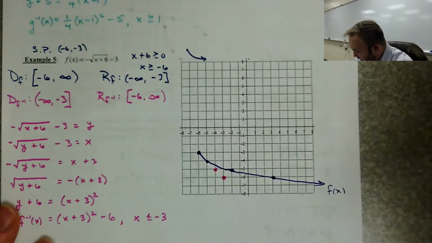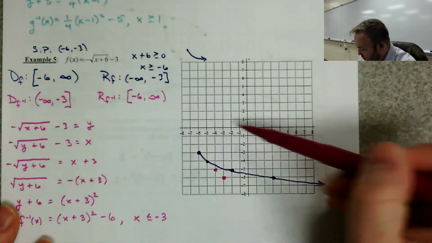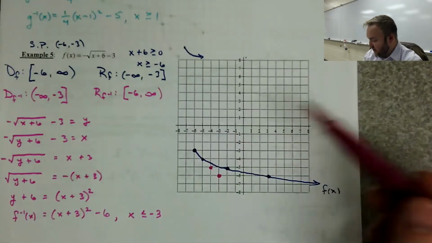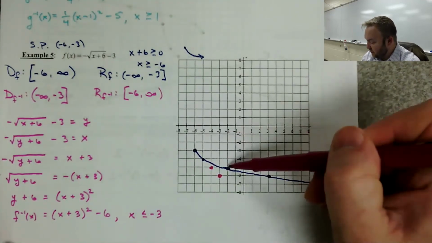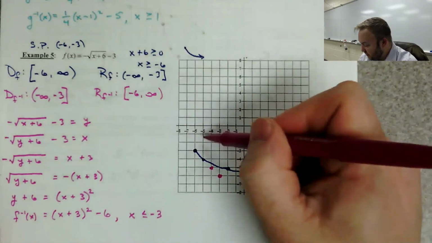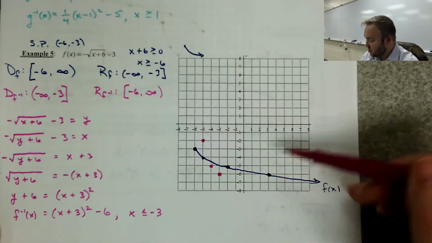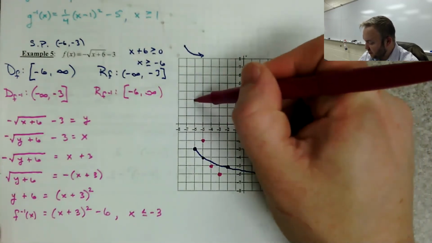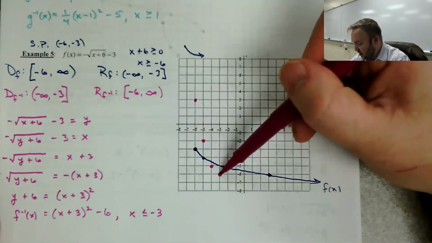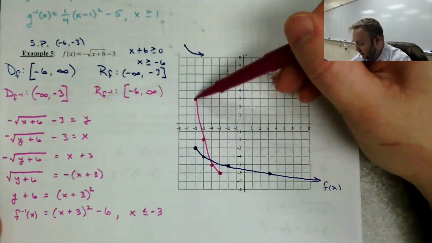Oh, no, that's right. I had (-5, -4), so I made that (-4, -5). I'm good. Okay, I have a point here at (-2, -5), so I'll switch that and go (-5, -2). I have a point here at (3, -6), so I'll switch that and go (-6, 3). And there are the points on my inverse.